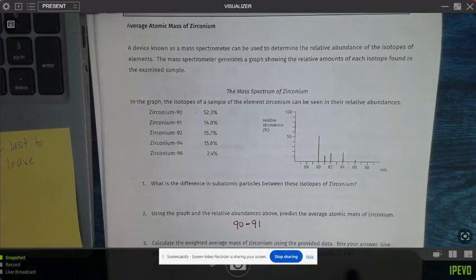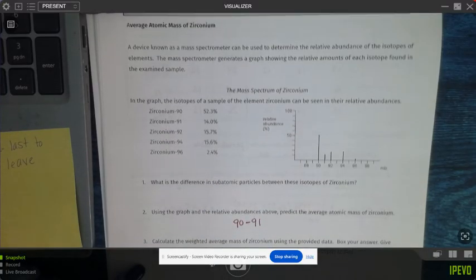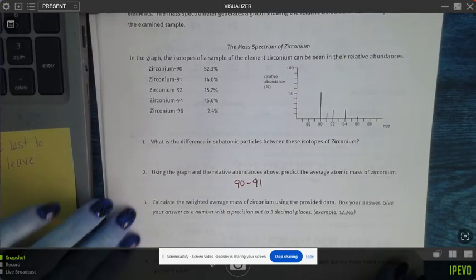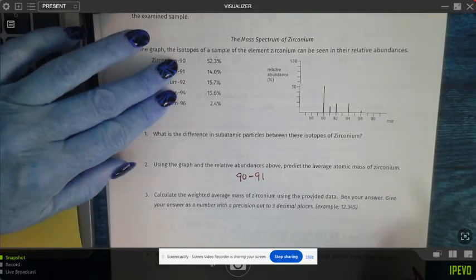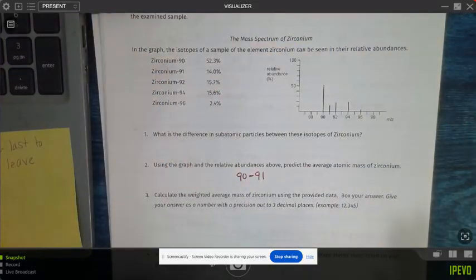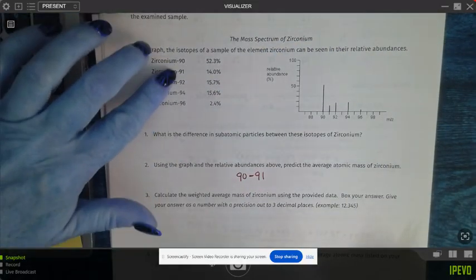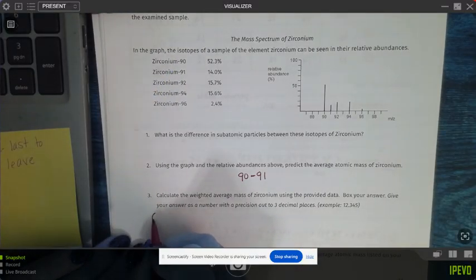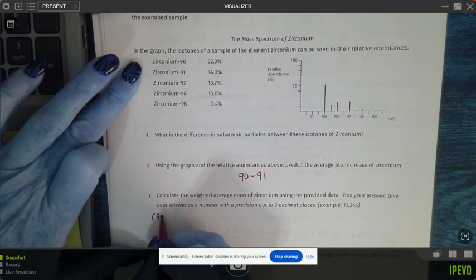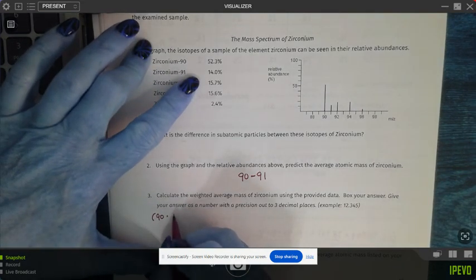So let's look at what we find if we actually calculate that. We've got 5 isotopes. In this case, notice we don't give you exact masses, we just have you use the mass number. So zirconium-90 has a mass of 90 times 52.3.